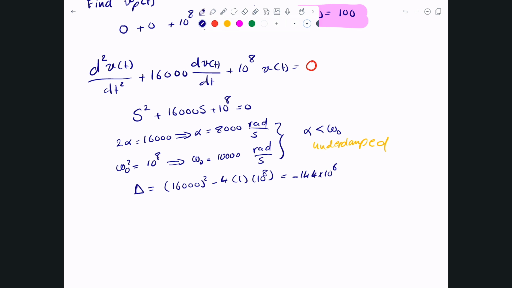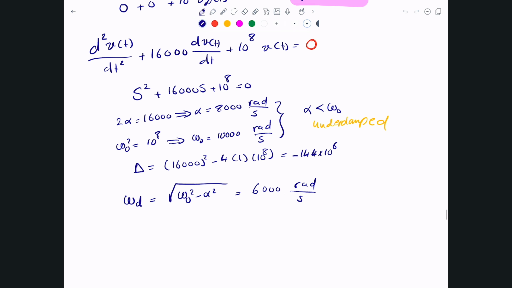I think we need a d in here. Okay, so underdamped response, what we usually compute is omega d, which is just simply the square root of omega 0 squared minus alpha squared, and you'll end up with 6,000 rad per second. That's basically 10,000 squared minus 8,000 squared, under the square root, and that will be 6,000. Why do we do that?